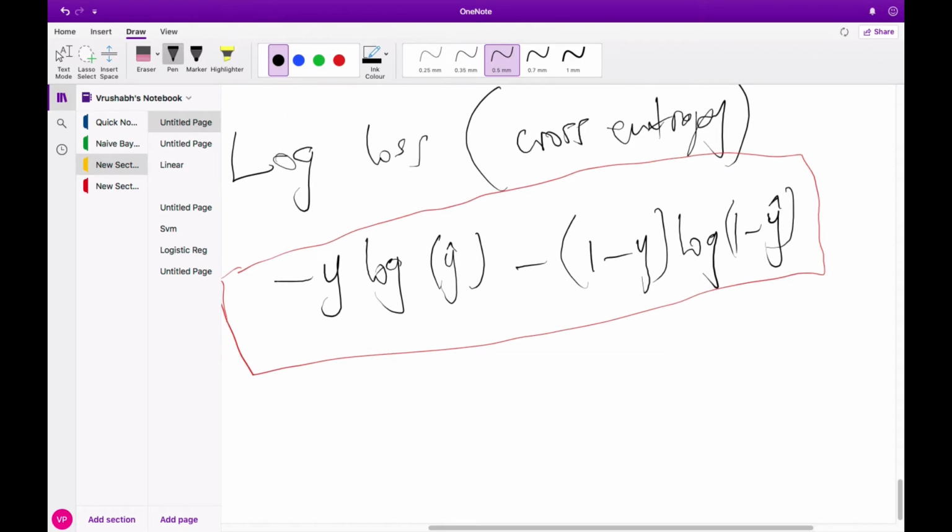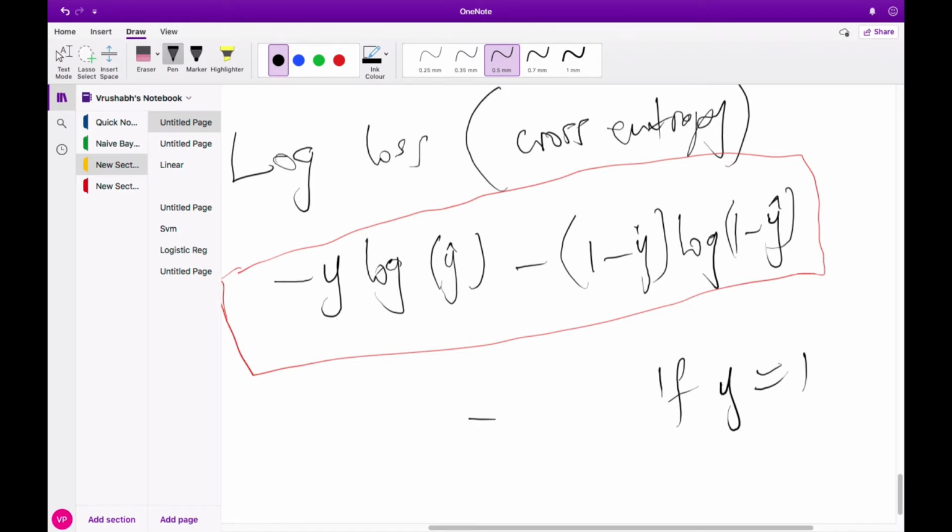If y equals 1, then 1 minus y is 1 minus 1, which is 0, and 0 times this makes the whole of that term 0.